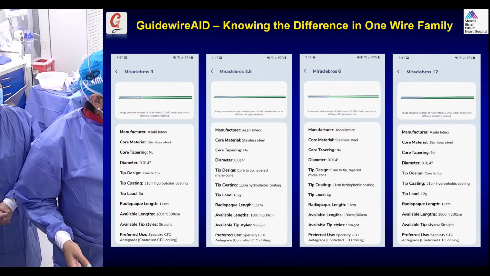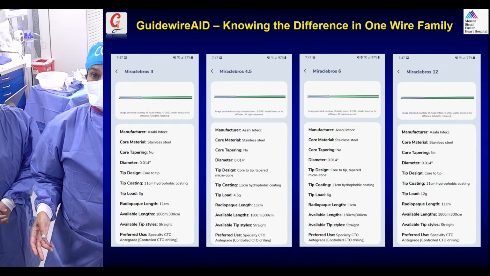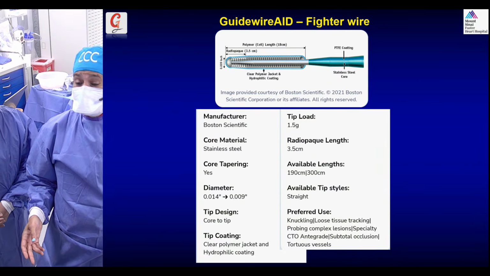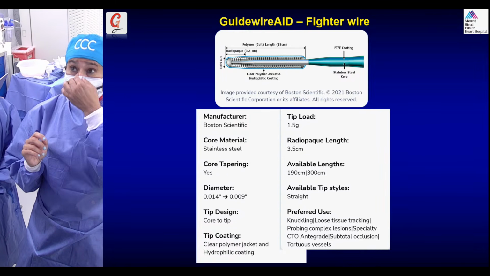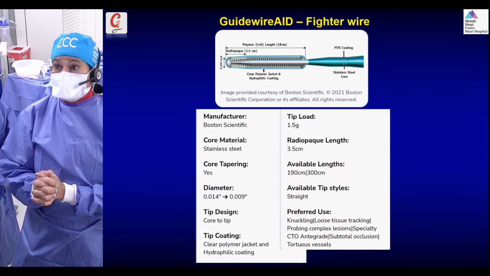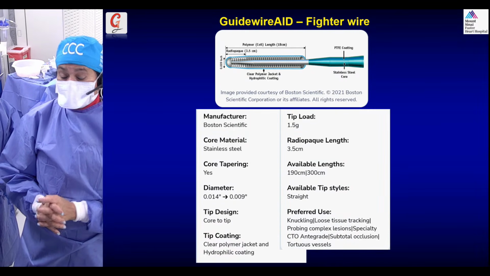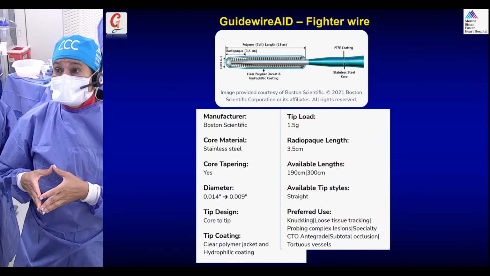Anything else you have? Yeah, Fighter. So this is the other wire, Fighter. Usually I like to use it when we are doing circ to get into the OM. It's a Boston Scientific wire. If you see, the tip is 0.009, so it's nice and tapered. The tapered tip is what is important.